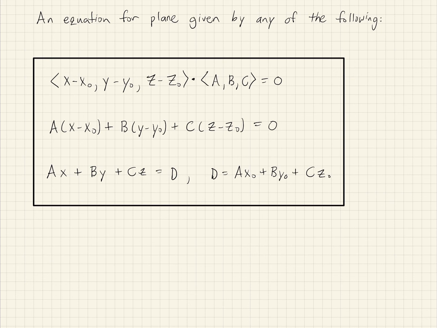Now notice a, b, and c are going to be actual numbers. They're the components of the normal vector you found. x0, y0, and z0 are also numbers. They're the coordinates of the point you found on your plane. And so everything over here is in fact a constant or a real number.